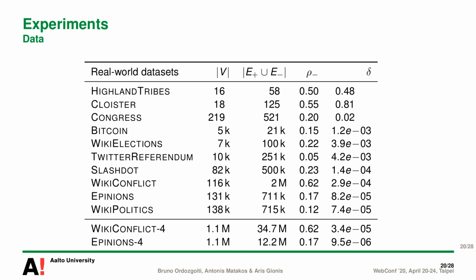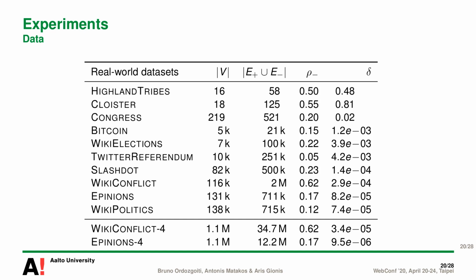So we ran experiments on a number of datasets coming from real data. These are basically most of the datasets representing signed networks that you can find online. There are not that many signed network datasets so far, sadly.